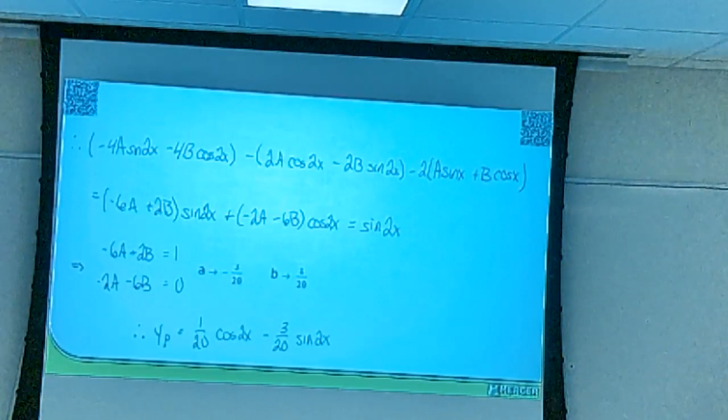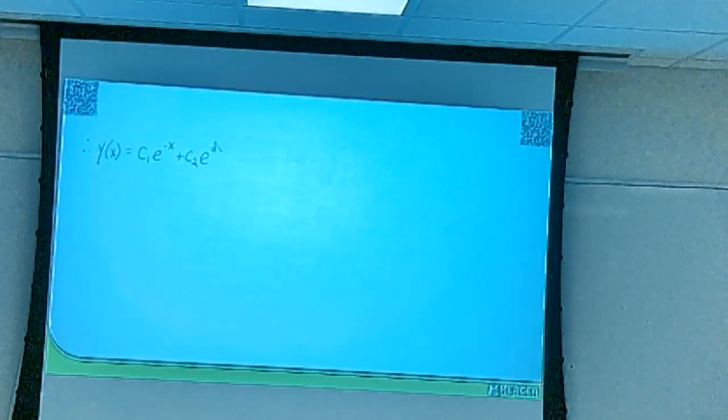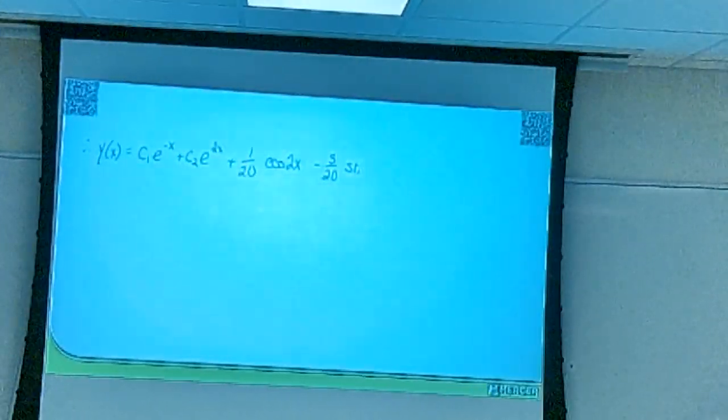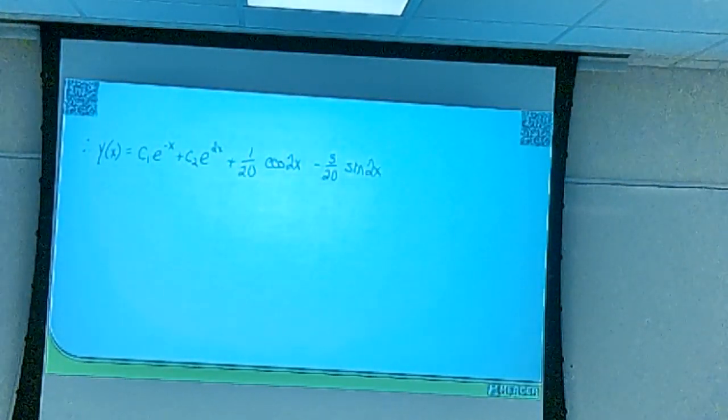There's a particular solution. 1/20th cosine of 2x minus 3/20th sine of 2x. And that would be a general solution.